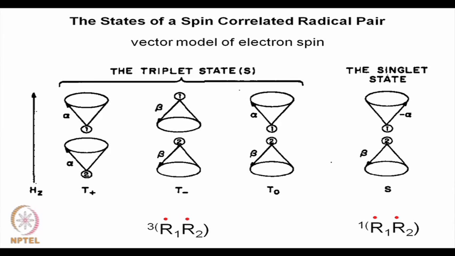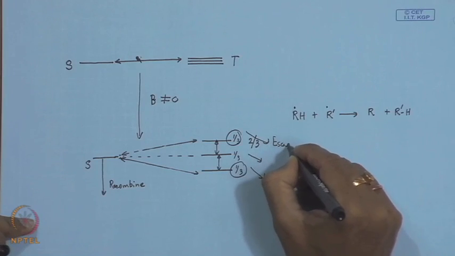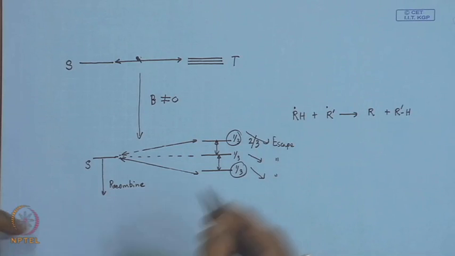Therefore, whenever the system is in triplet state, they will separate out, producing free radicals. But when they are in singlet state, they will quickly recombine to form a bond. Okay. So that is written as escape. So it is simply cage escape or escape, and here it will recombine.